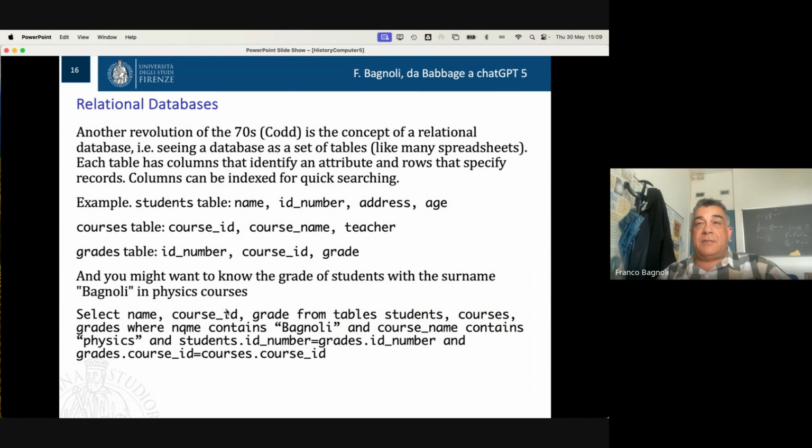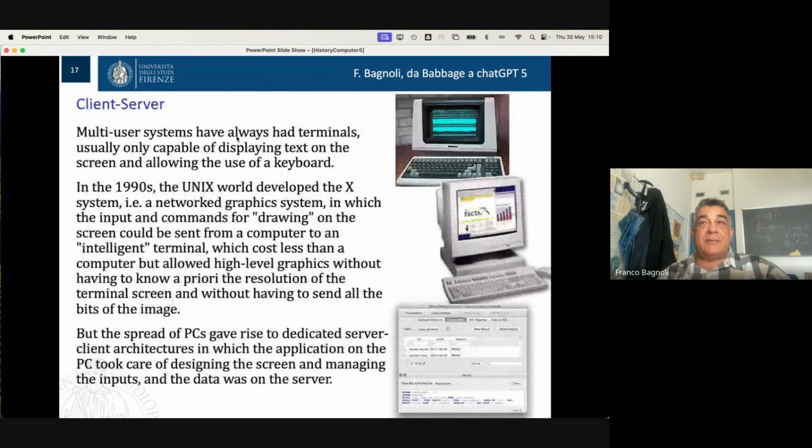So name, course ID, and grade from tables student, course, and grades, where the name, here is an error, contains Bagnoli, and course name contains physics, and the ID number of this table is the same as the number of this table, and so on. So essentially, this is the SQL syntax, or one of the SQL syntaxes, in order to deal with this relational database.